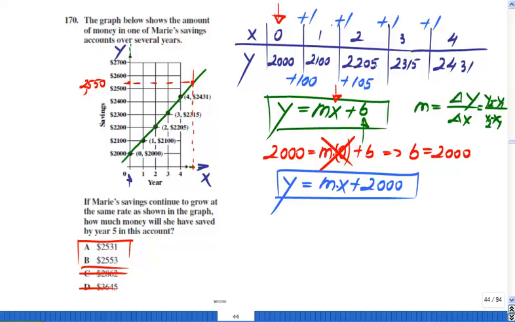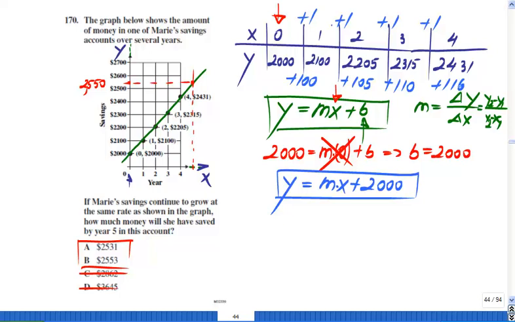From 2205 to 2315, I have a positive difference of 110, right? To the next one, from 2315 to 2431, I have a difference of 116.